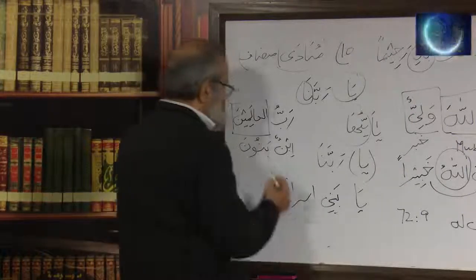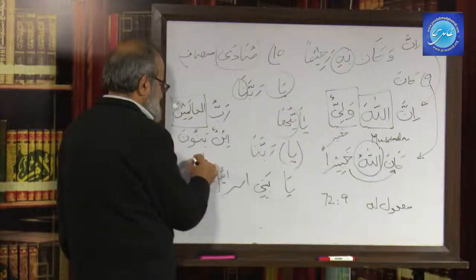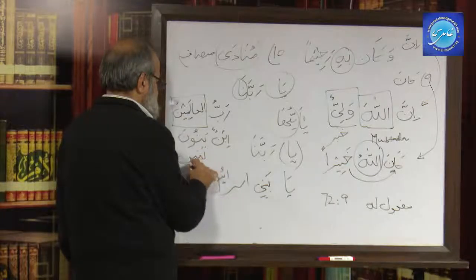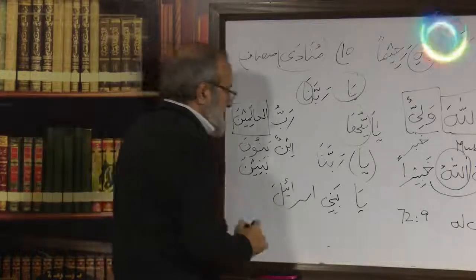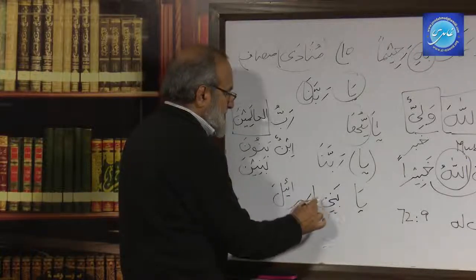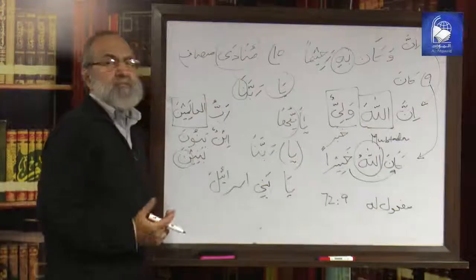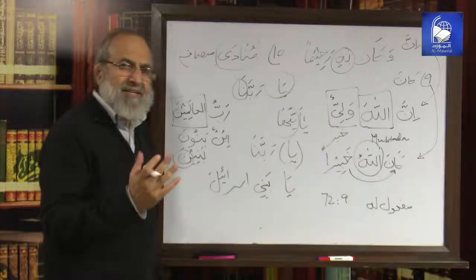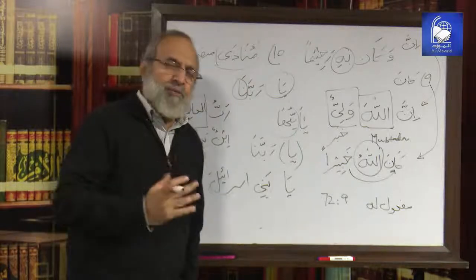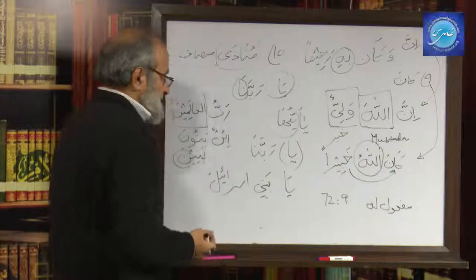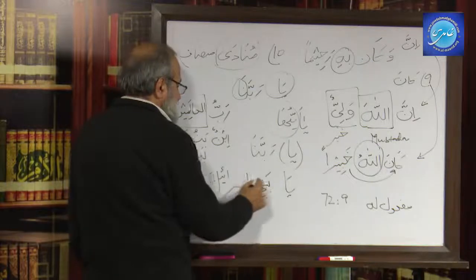And when this Banuna, which is in the form of Rafa, becomes Nasab and Jar, obviously it would be Banina. Now, we know that when it's going to be Muzaf, the sound of noon disappears. So it's either a tanween which drops one of its harakat, or it's a noon which disappears. So in this case, it's a noon which disappears and it becomes Bani Israel.